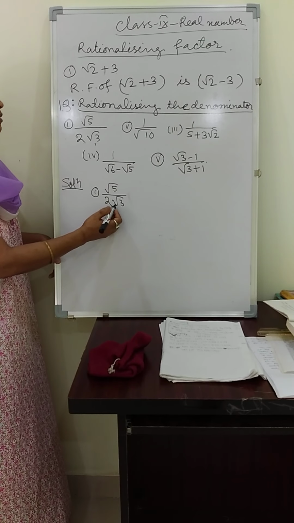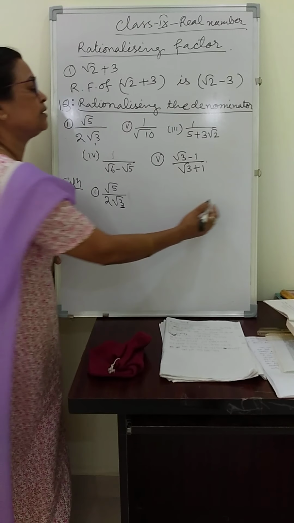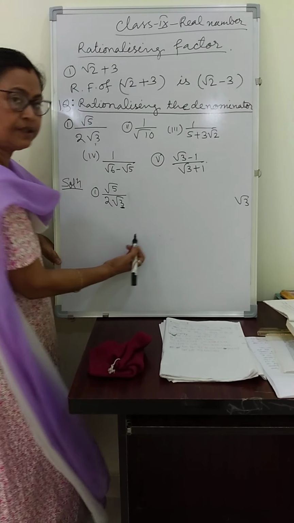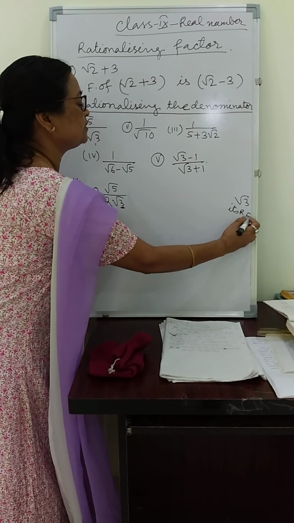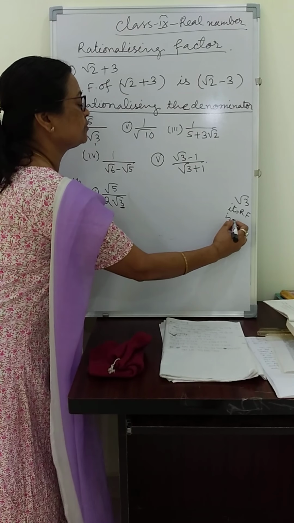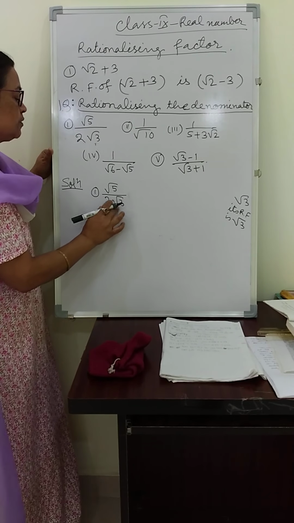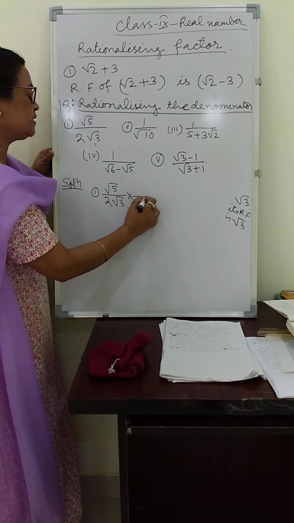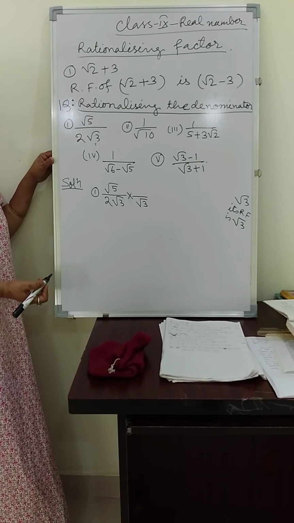So we have to find the RF of root 3. Its RF is root over 3. So at first we multiply by its RF, that is root over 3.